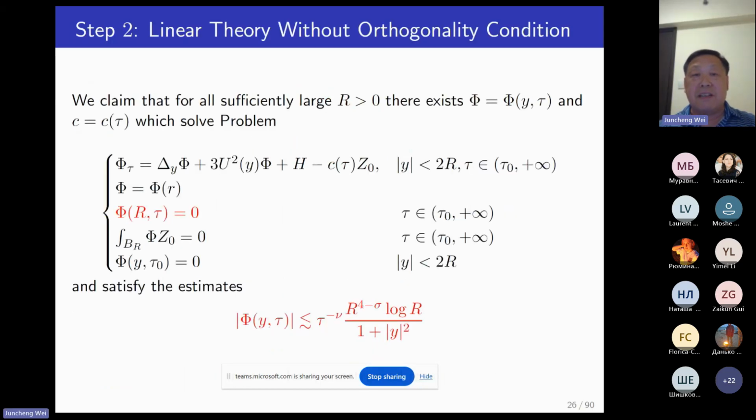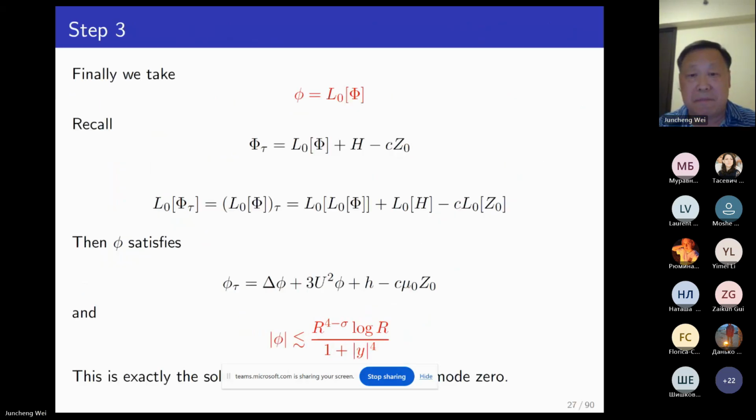So the major step is the one with some source and the orthogonality condition on Z5, where we need to find the estimate for this problem. You just need to estimate the behavior of the solution.